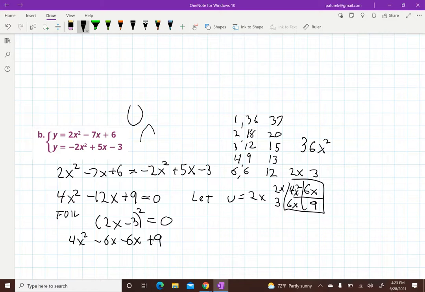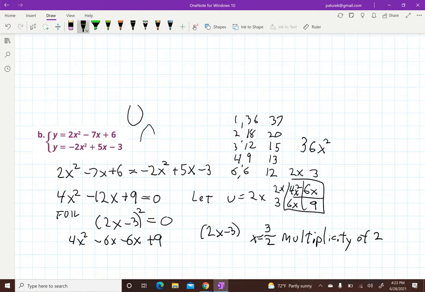And the root of 2x minus 3 is x equals 3 halves with a multiplicity of 2. So they do indeed touch each other at one point.